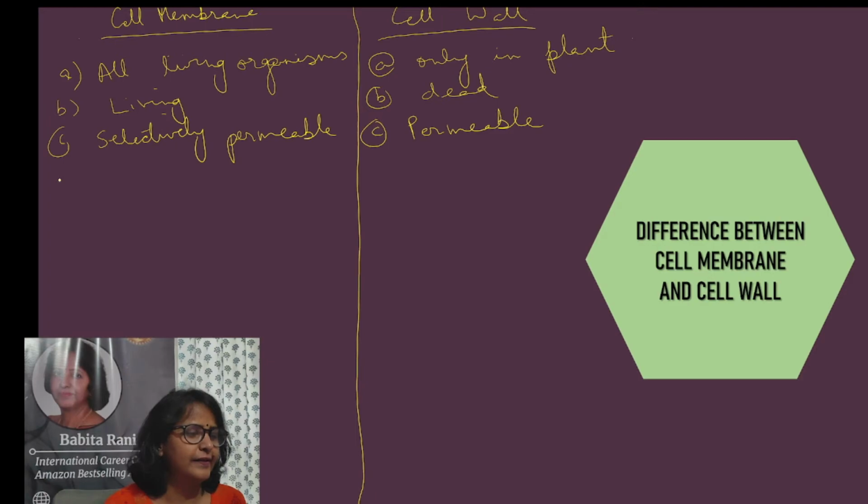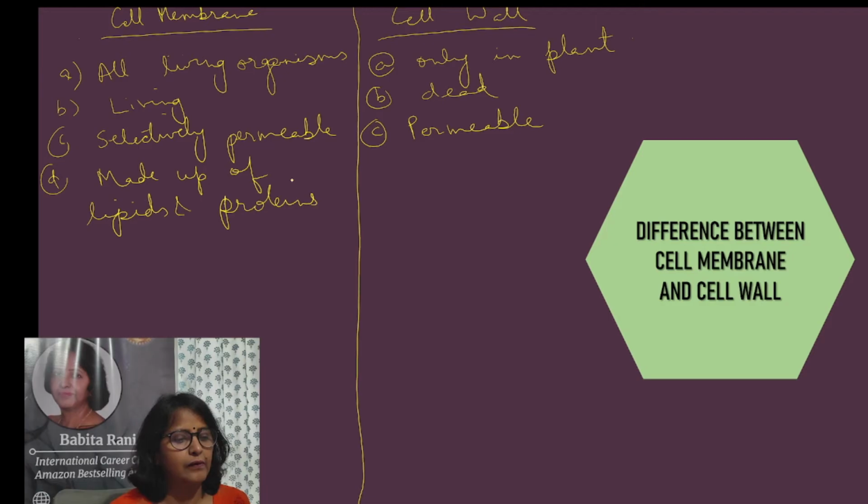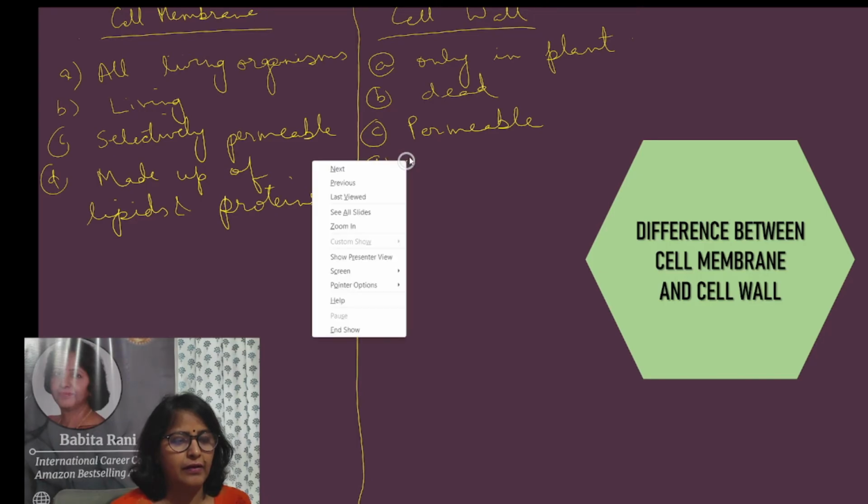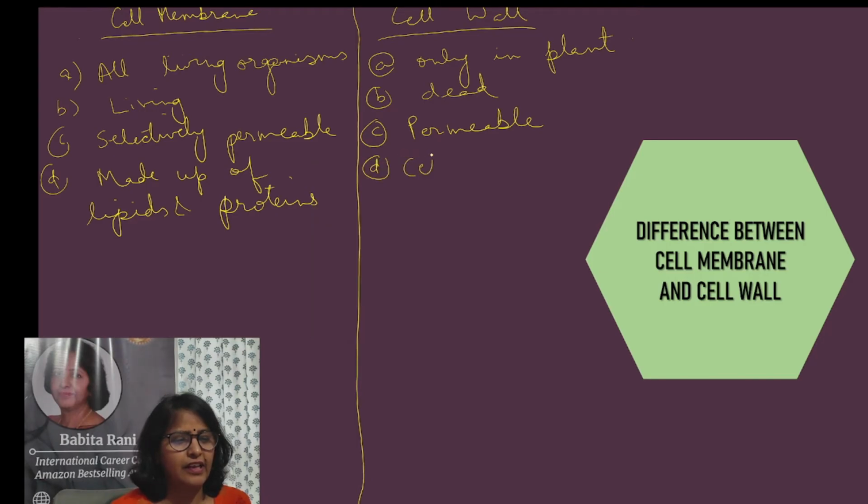Fourth one is it is made up of lipids and protein. And this is made up of cellulose.